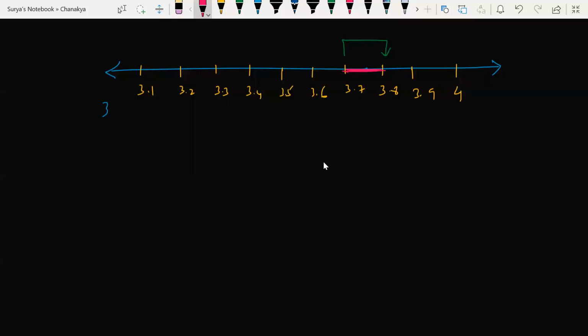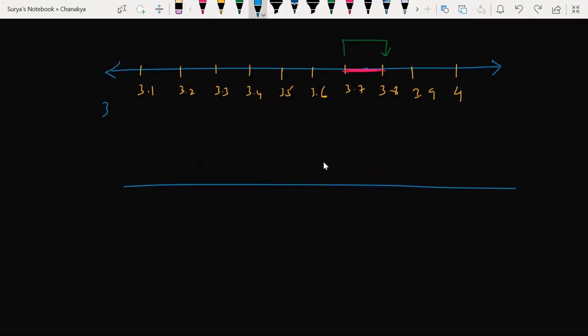If you observe more precisely, the number we have got, 3.765, lies between 3.7 and 3.8. Again we have to divide this gap into 10 parts.